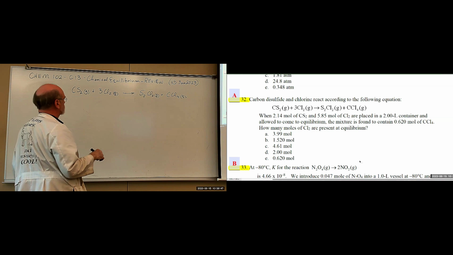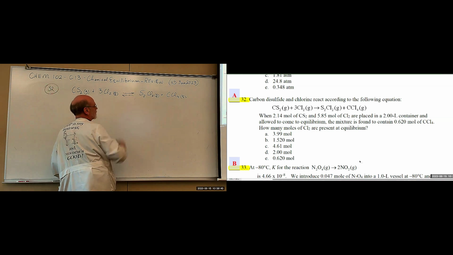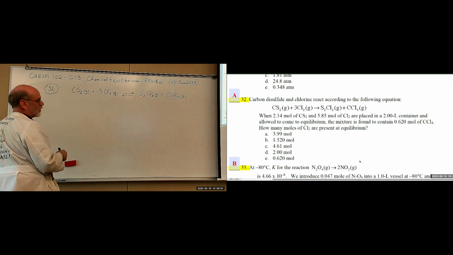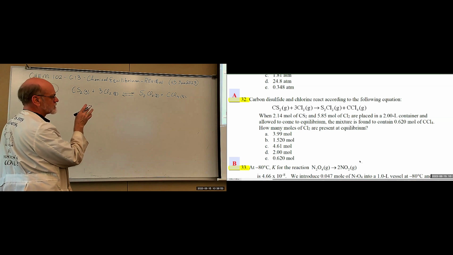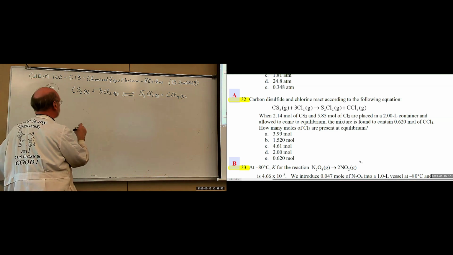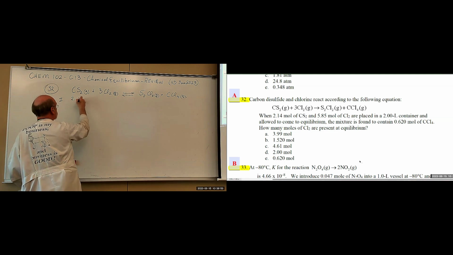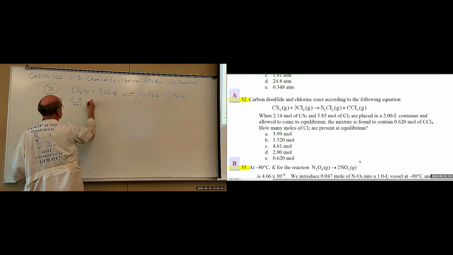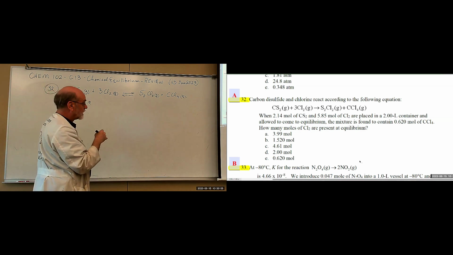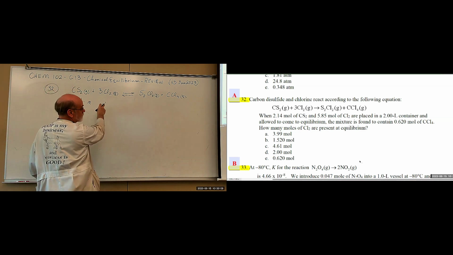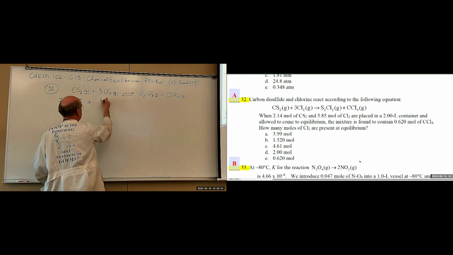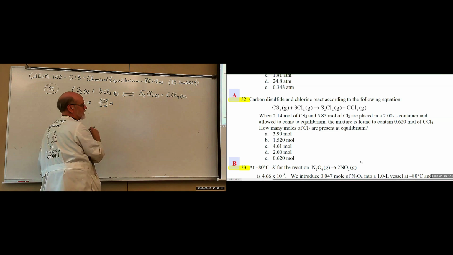It's an equilibrium. 2.14 moles of CS2 in a 2-liter container. So initially, we've got 2.14 in a 2-liter container, that's the molarity. Then this one we have 5.85 in a 2-liter container, and that molarity.